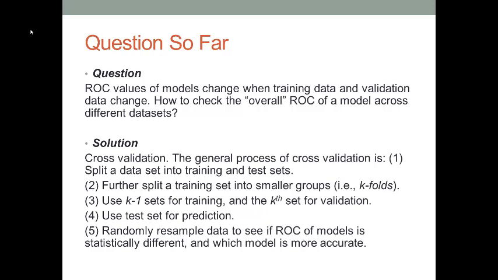The third step is to use K-1 folds for training purposes, and then use the Kth fold for validation. What it means is, suppose we split the training set into 10 folds, 10 smaller groups. Then we want to use 9 of them for the training purpose to build models. For each data set, each smaller group, we can build a model, right?